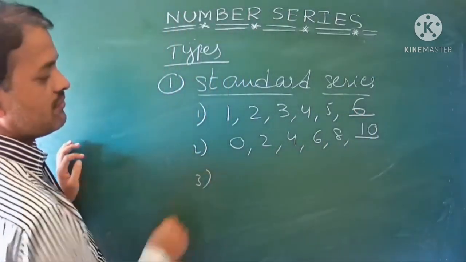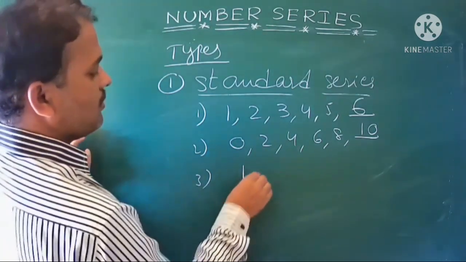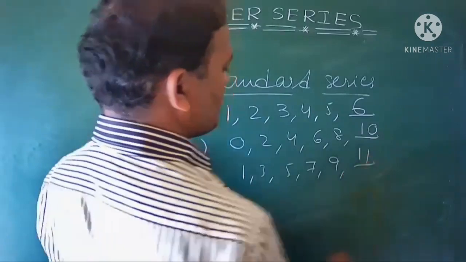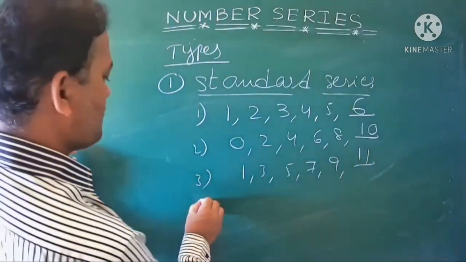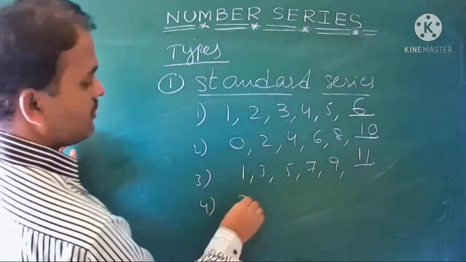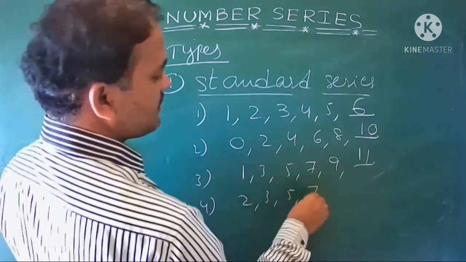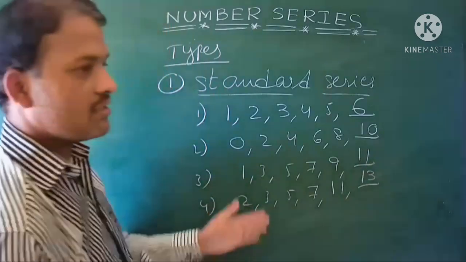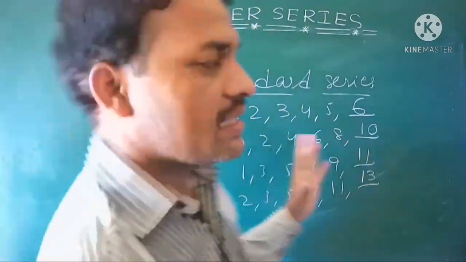If it is the set of odd numbers 1, 3, 5, 7, 9, dash, it is 11. Next, 2, 3, 5, 7, 11, dash, this is nothing but 13, primes. These are called the set of standard series.